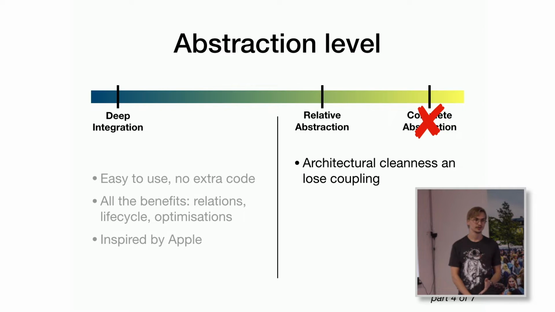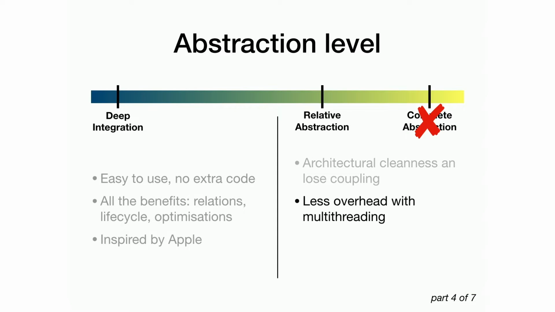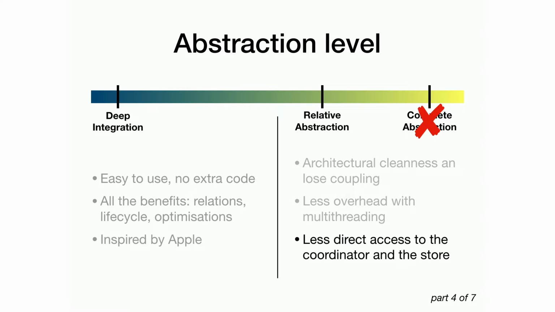We have some pieces of our logic which are completely abstracted from core data, and because of this, these pieces of logic don't have this multi-threading overhead. So if we pass just plain models, we don't care about threads and context anymore. With this approach, we have less temptation to access SQLite or coordinator directly. So it's also nice for some people.